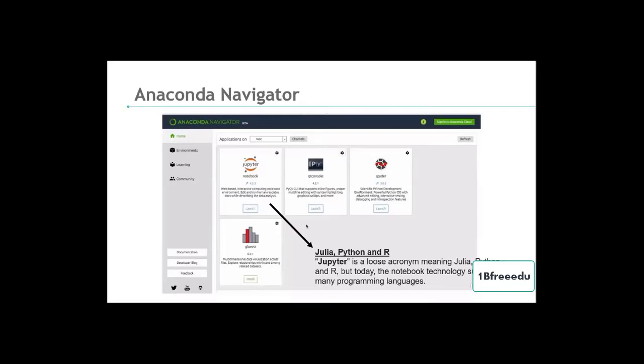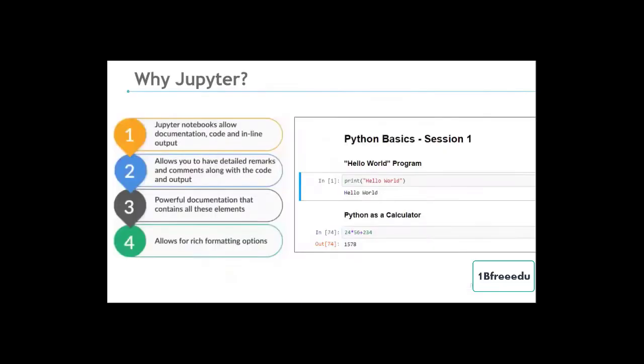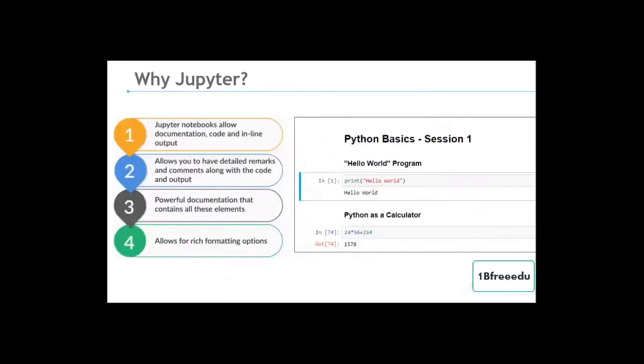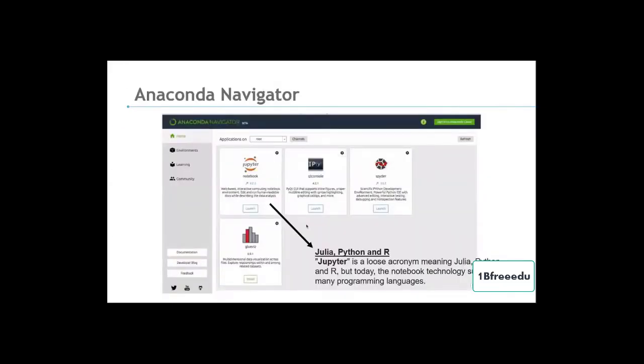The benefit of using Jupyter Notebook is this. Imagine if you're using any other language and you have to do a particular task. How do you do it? Many times we create one file to write the code, another file to write the documentation of what this code is doing, and then probably a third file, which is the output of that code.